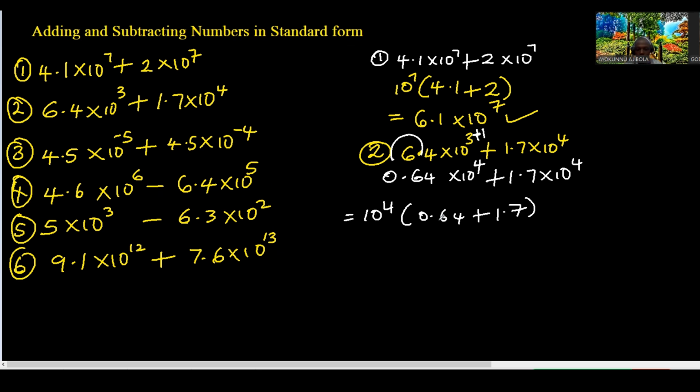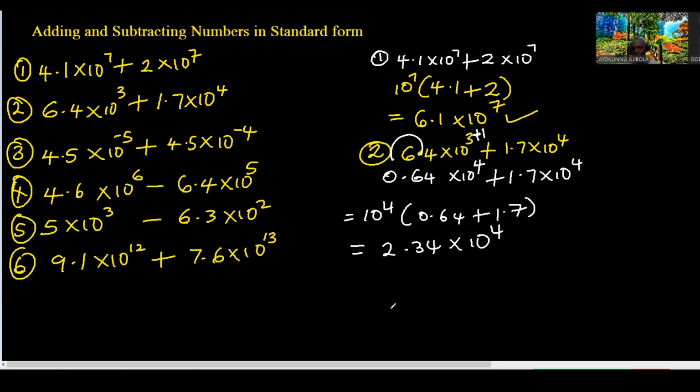So 0.64 plus 1.7 is going to give me 2.34. So the answer is 2.34 times 10 raised to power 4. I changed the powers to become 4 by reducing one of the values and increasing the power. That was easier.